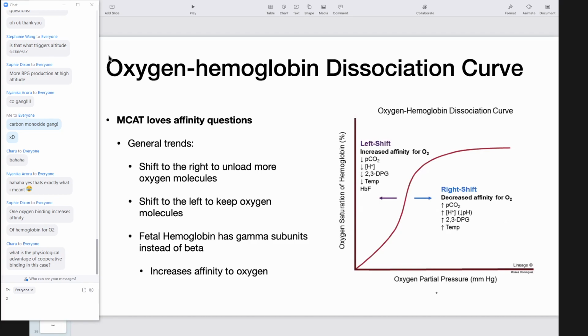There's a couple of standalone questions where it gives a bunch of different saturation curves. A lot of them look like this as well. One that does not exhibit cooperativity will look more like this, if you've taken biochem before. But it just says which of the following graphs exhibits cooperativity.